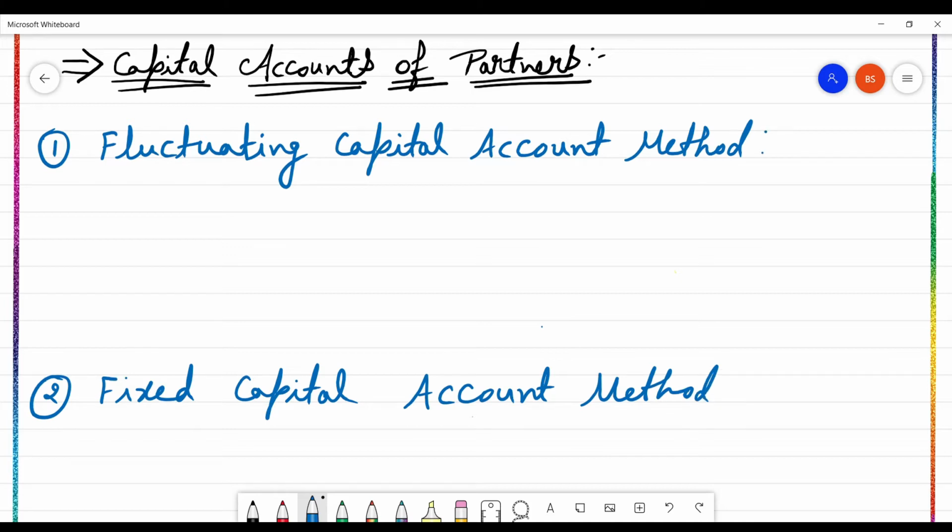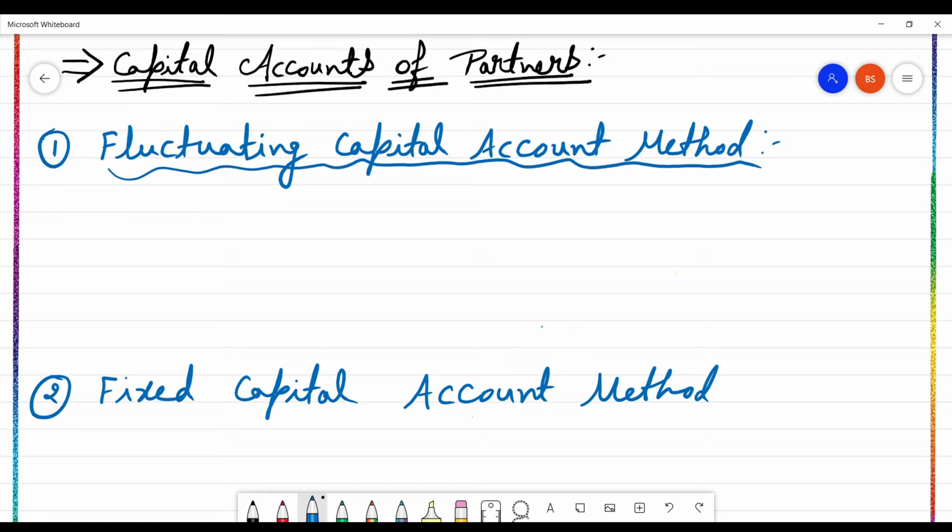Let's learn about fluctuating capital account method. A method in which the opening balance of the capital account and the closing balance of the capital account of any partner is reported fluctuated is known as fluctuating or temporary capital account method.